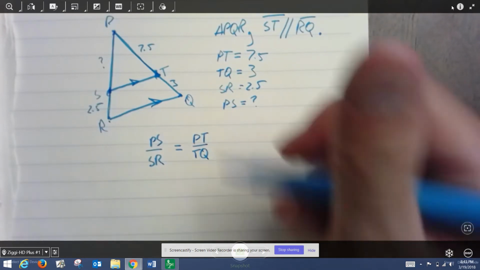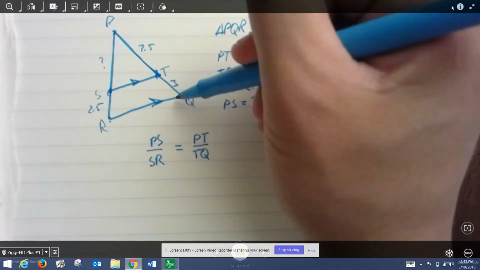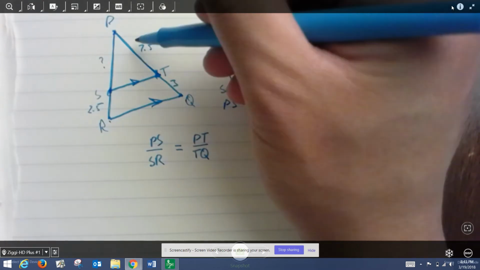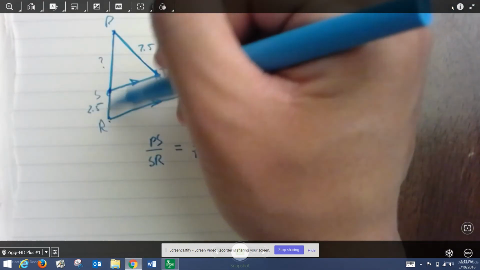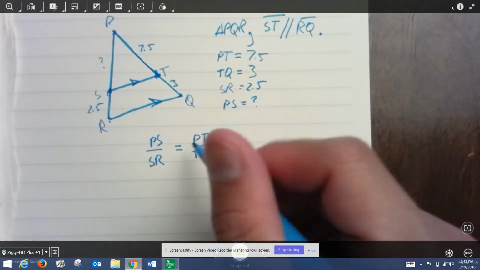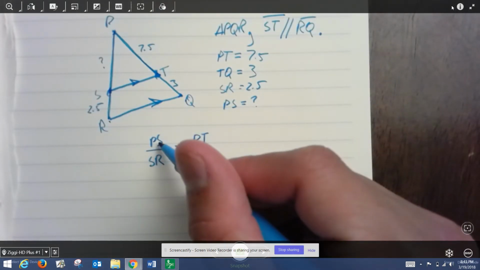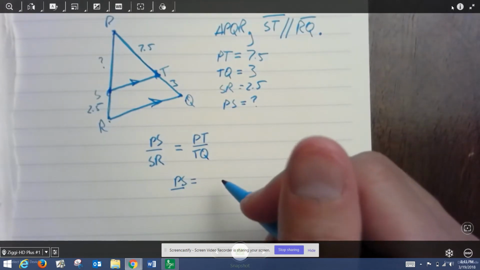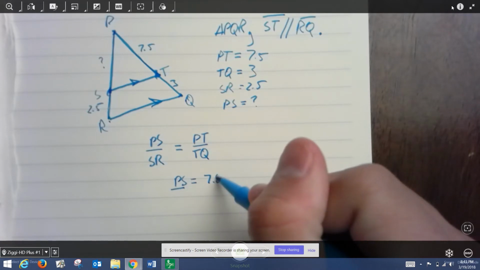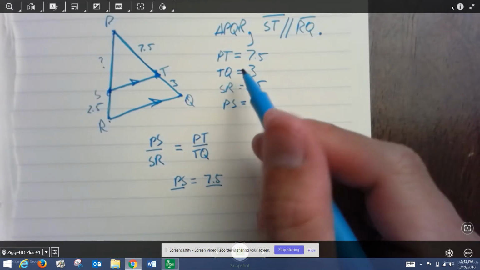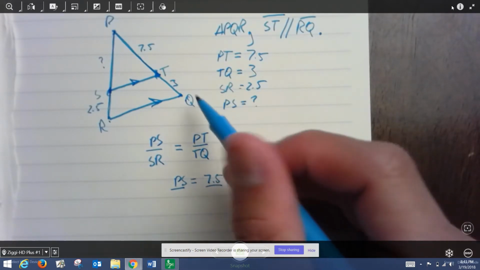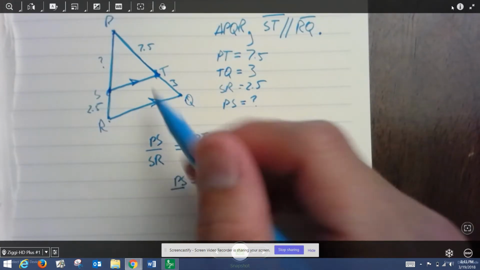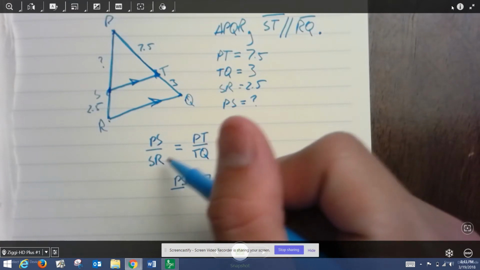Again, this long segment is divided into two parts that make a ratio proportional to the ratio of the other sides on the left here. So let's plug in some values. PS is what we're solving for, so we don't have a number to substitute. PT is 7.5, from the given information above, and we put that over TQ, which is 3. And then PS goes over SR, and SR we know is 2.5.